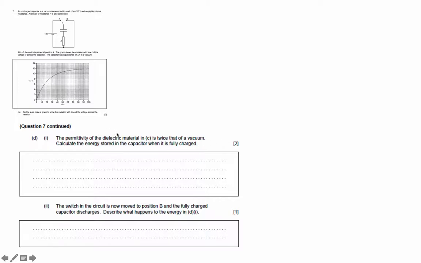Okay, so the permittivity of the dielectric material is twice that of a vacuum. Calculate the energy stored in the capacitor when it's fully charged. Previously the capacitance was that of a vacuum, so area over d. Now the capacitance is twice that of a vacuum.